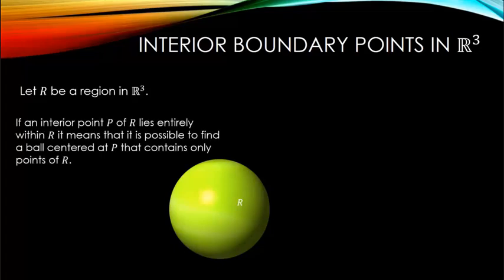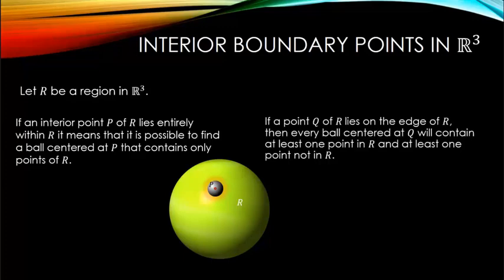If an interior point P of this region lies entirely within R, then it is possible for me to find a ball centered at the point P that only contains points that are in the three-dimensional region of R. So I have a point, I can surround it by a ball, and every point located in this ball will also be a point in my three-dimensional region R. If I find a point Q that lies on the edge of my region, then a ball centered at this point Q will contain at least one point that is in R and at least one point that is not in R.